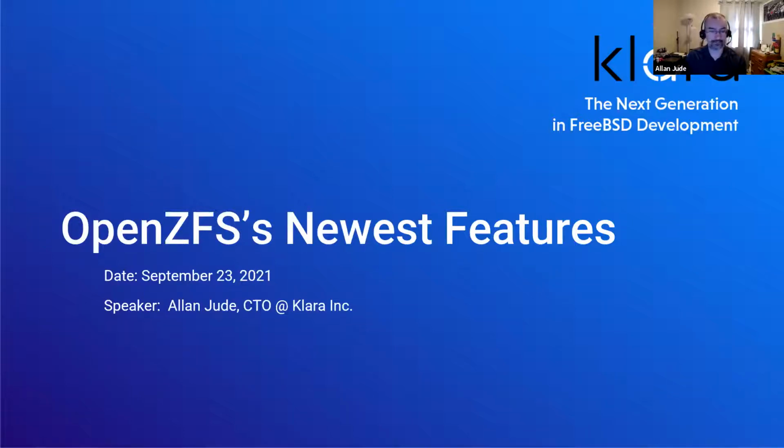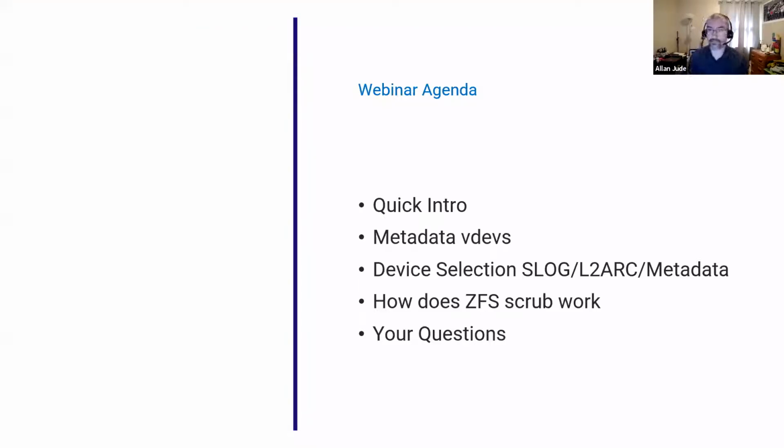So getting started, a quick overview of what we'll discuss today. After an intro like we've just done, some of the features we'll talk about are the new special allocation classes, or metadata vdevs, that were added to OpenZFS, and where they came from and how they apply.